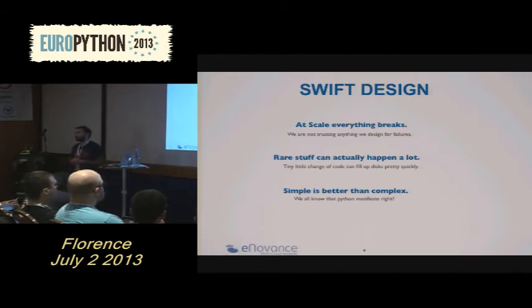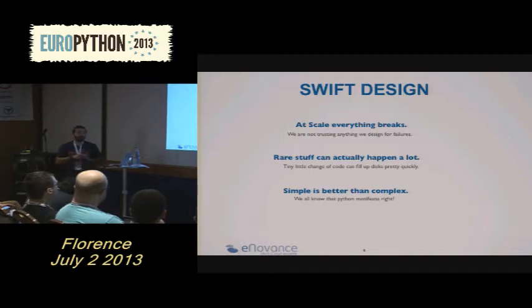You need to know that you're going to be able to scale every component of your architecture, because things break all the time. We've seen that on the public cloud, on large systems, and even on small systems. You need to make sure that everything works very well, and that's what we did when we designed Swift.